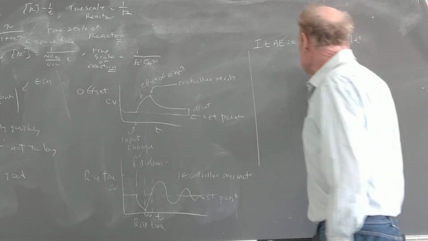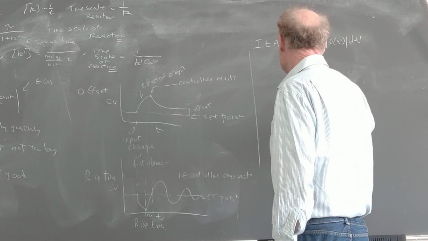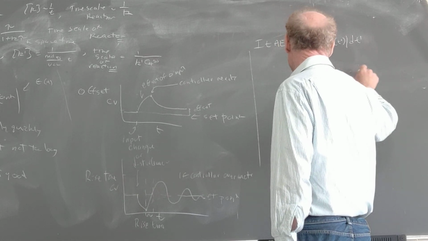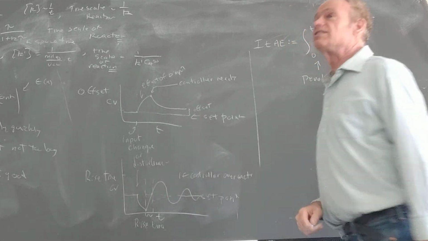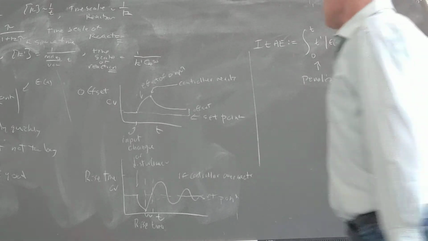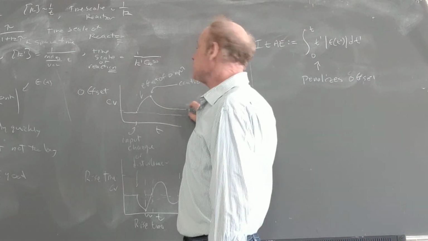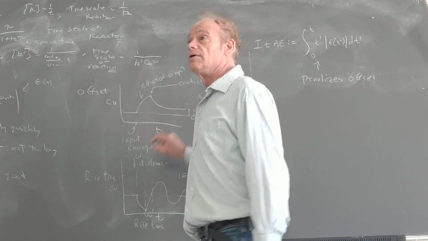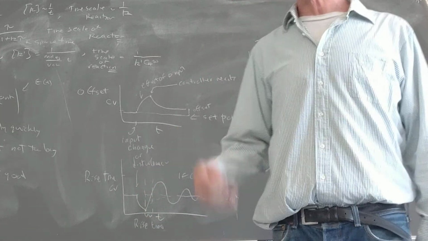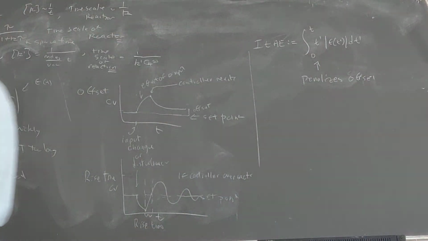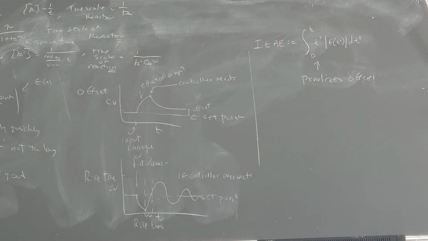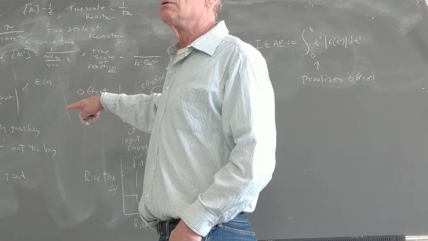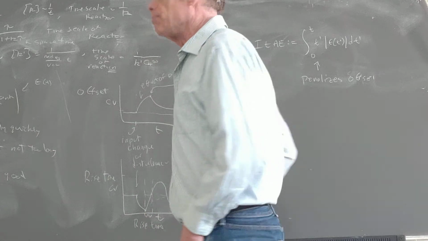What this does is this penalizes offset. If the offset doesn't go to 0, then this thing just keeps growing because the offset is always non-zero. So my controller is going to be based on a measurement of the error. And so it's important which measurement I use so that my controller does a good job.